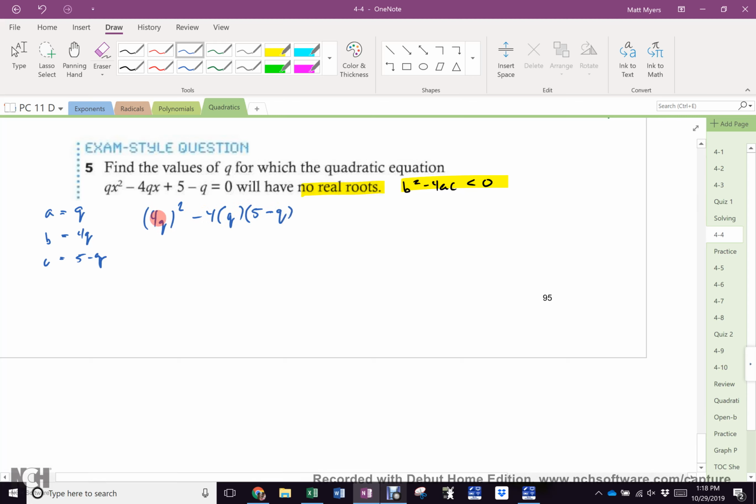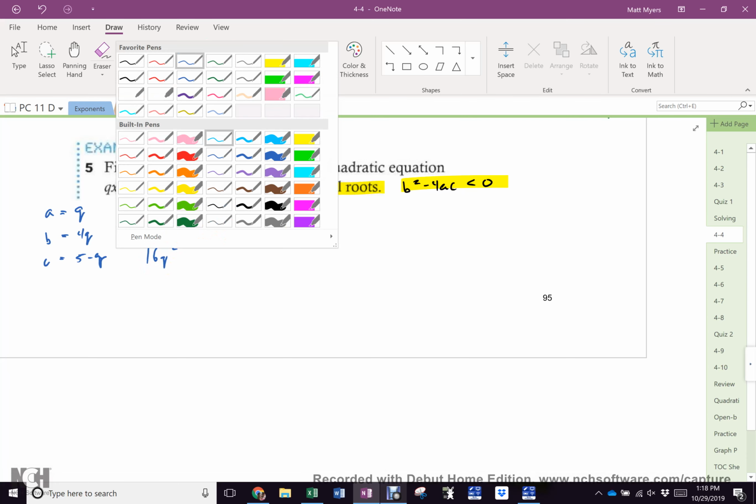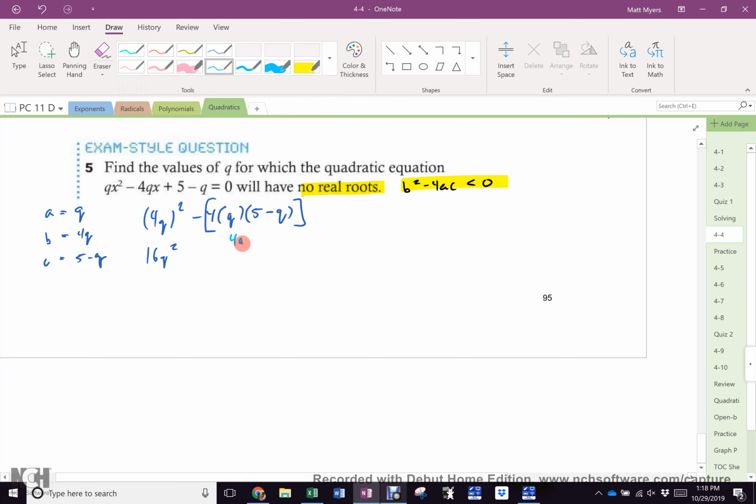Okay. 4Q squared is 16Q squared, yes? Now, we got to do this first. What's 4 times Q? So I'm going to change shades here. 4Q, right? And now what's 4Q times 5?